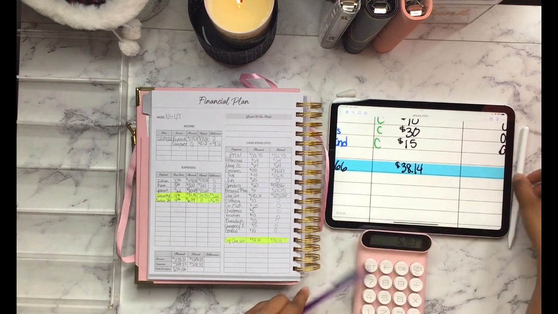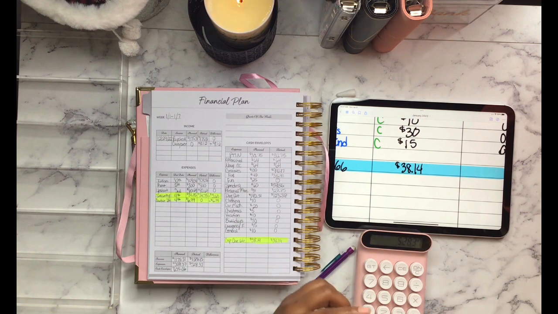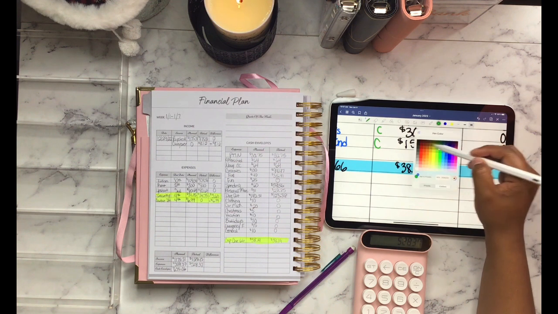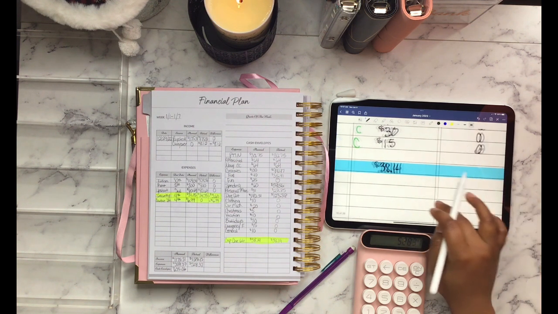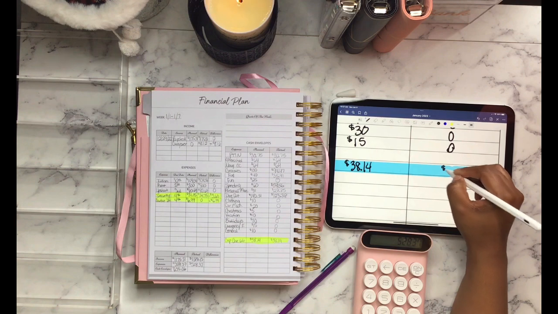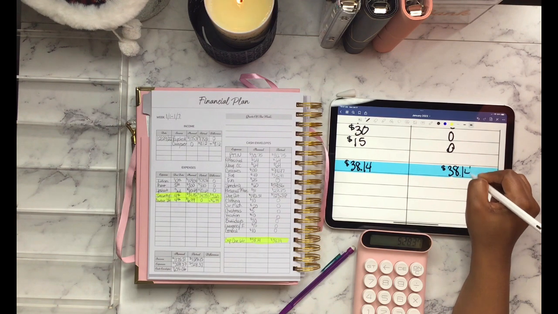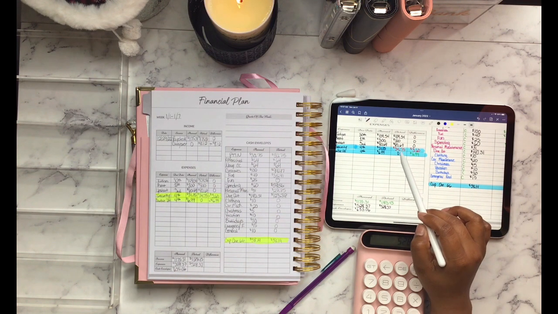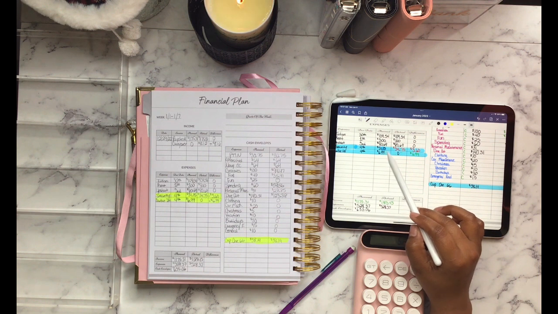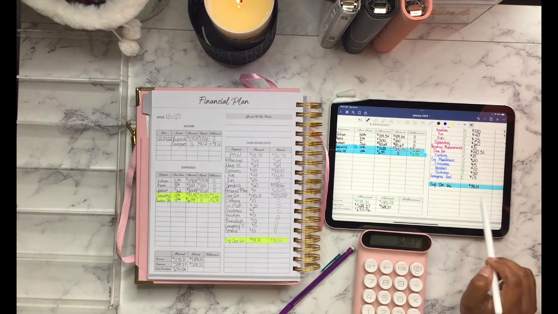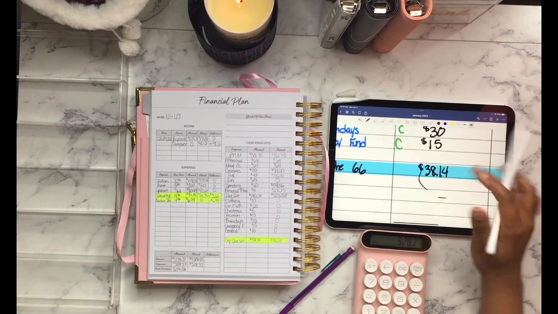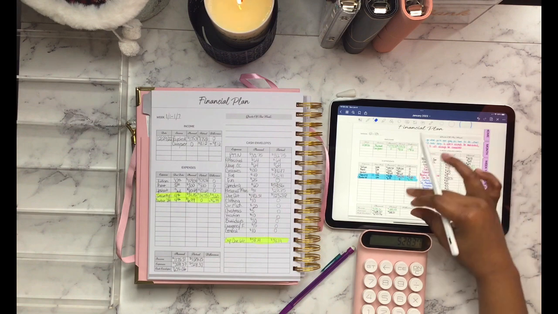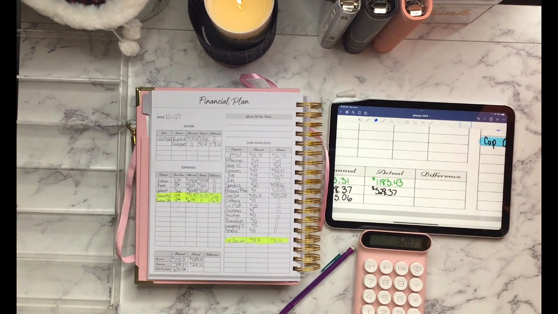I paid this out of my bank account to cover these two transactions. Although this bill ended up being more than what I had planned for, this amount that came out of my bank account didn't change. So I totaled that here too, 528.37, 528.37.